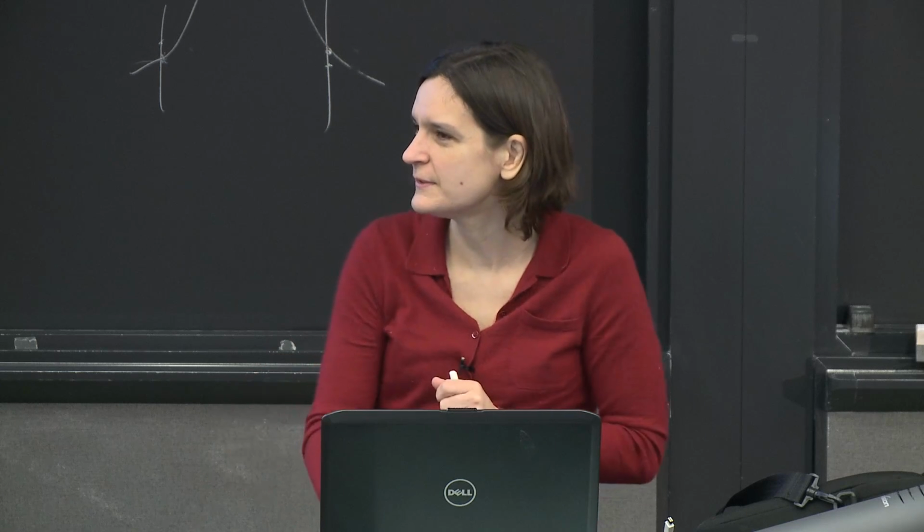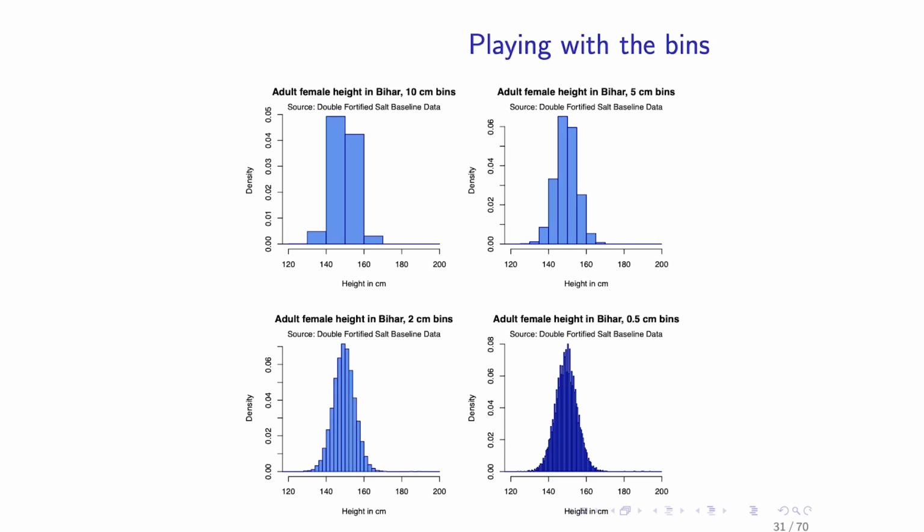For example, someone who didn't like this shape, and said, no, I really think it has to be bell-shaped, would eventually be able to get it by just manipulating the bandwidth a bit more. Or alternatively, someone who had a prior that the height distribution in Bihar is really skewed towards the left might try to espouse it in some way.